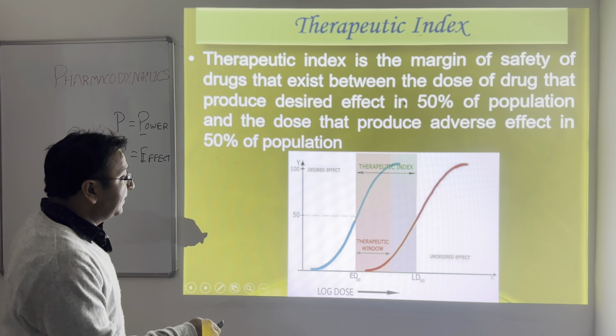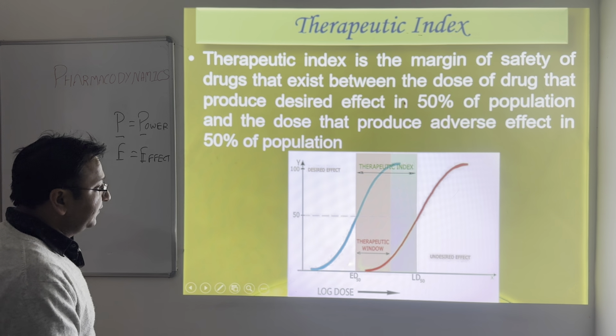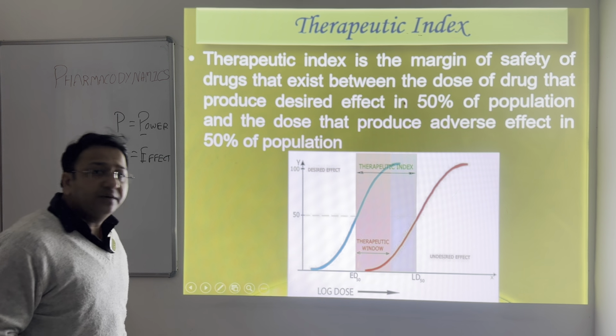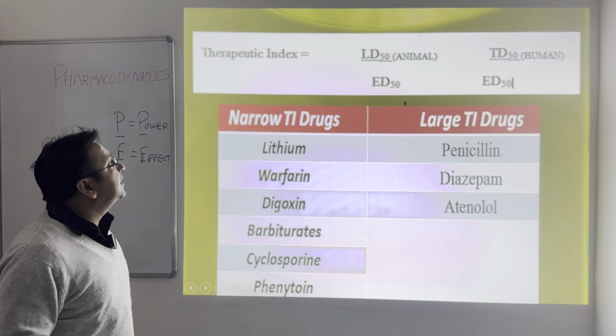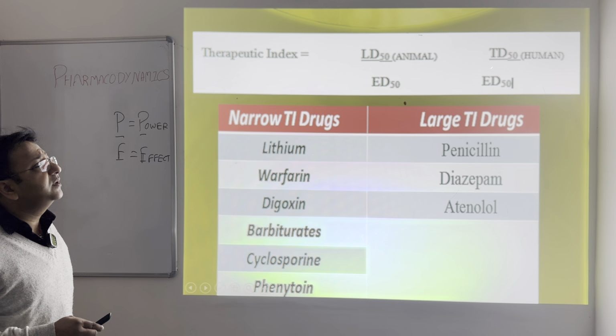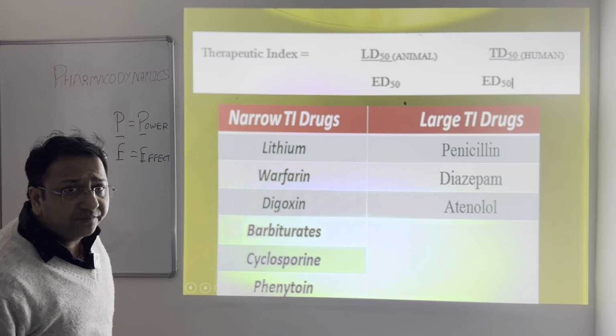So we measure here this is the effective dose ED50 and this is the lethal dose LD50. So there is an equation for this therapeutic index: LD50 upon ED50, and in humans we say TD50 upon ED50.